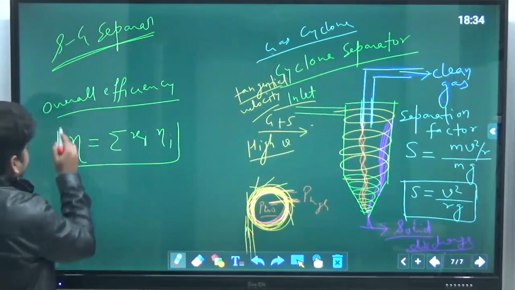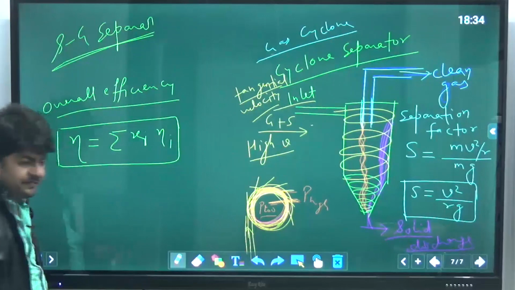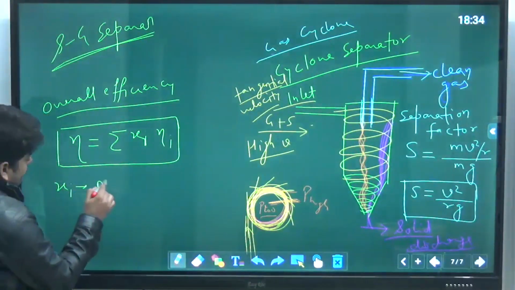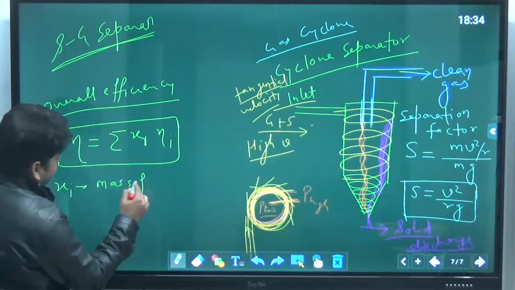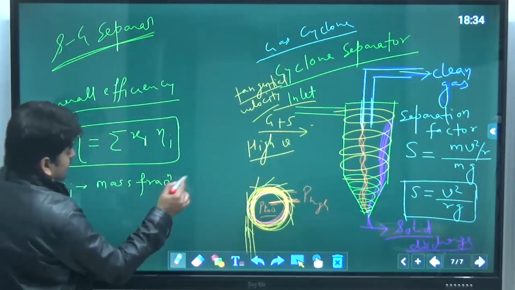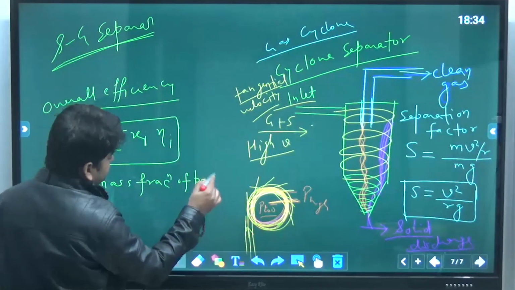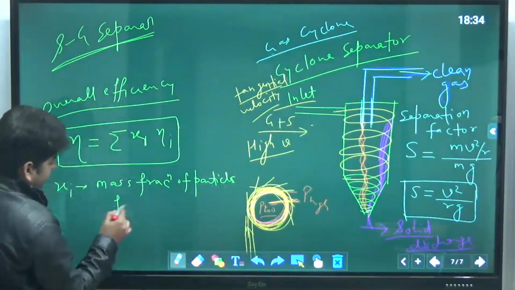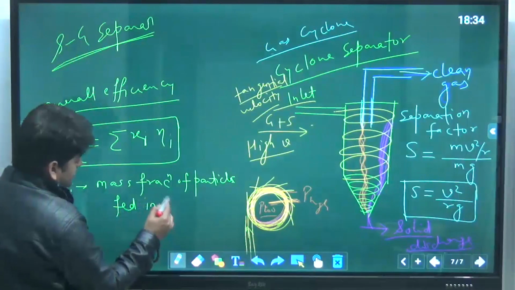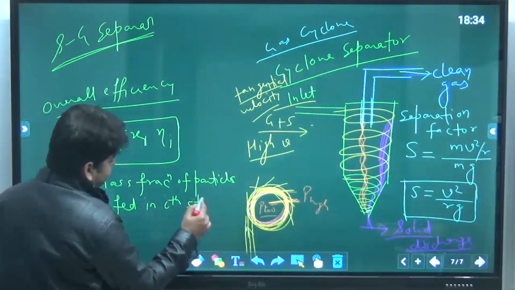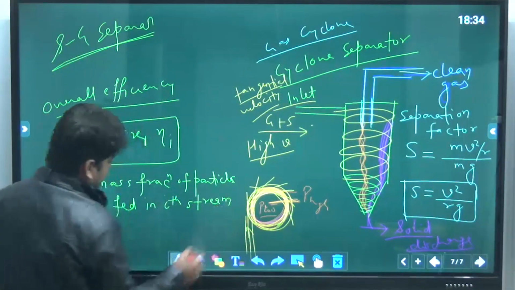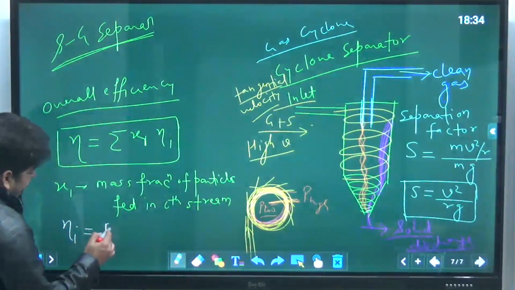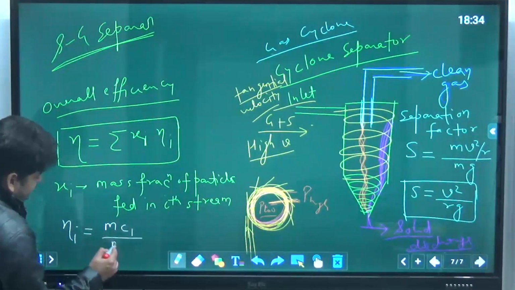Eta is equal to summation of x_i into eta_i, where x_i is the mass fraction of particles fed in ith stream. And eta_i is M_Ci over M_Fi.